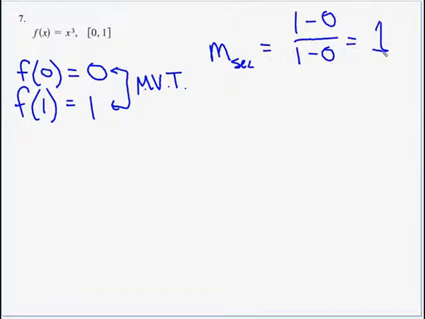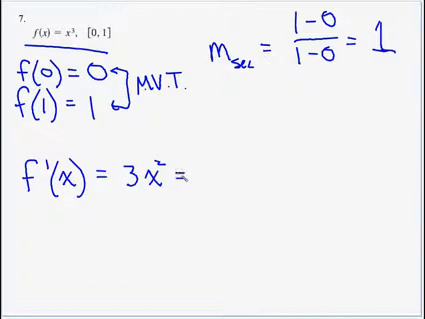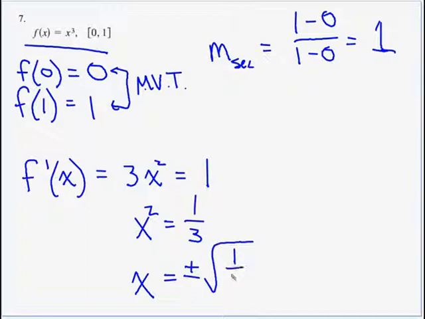Our slope is 1. So we're going to take our derivative and set our derivative equal to that slope. Easy enough. f prime of x is just 3x squared. If I set that equal to 1, I divide both sides by 3, and I take the square root. x will equal plus or minus the square root of a third.